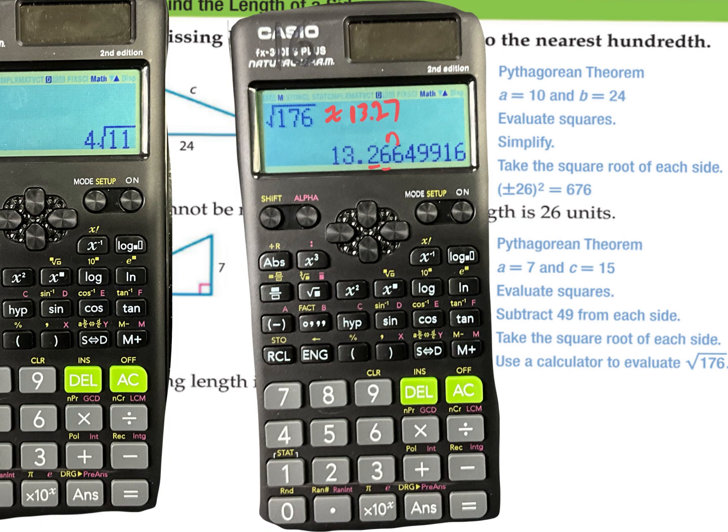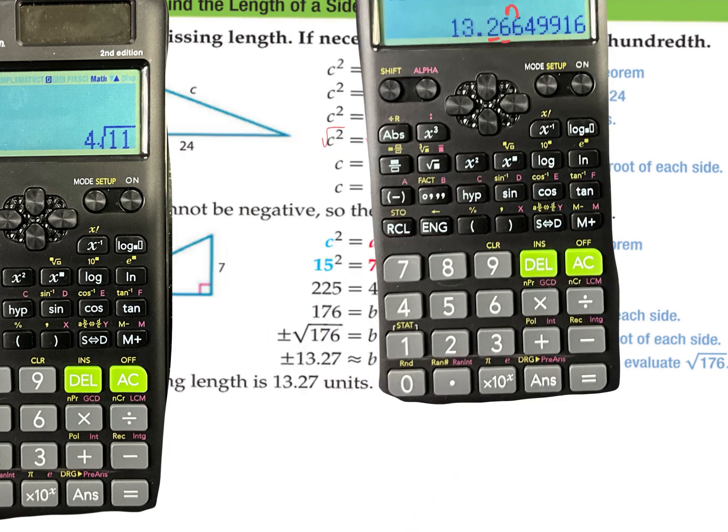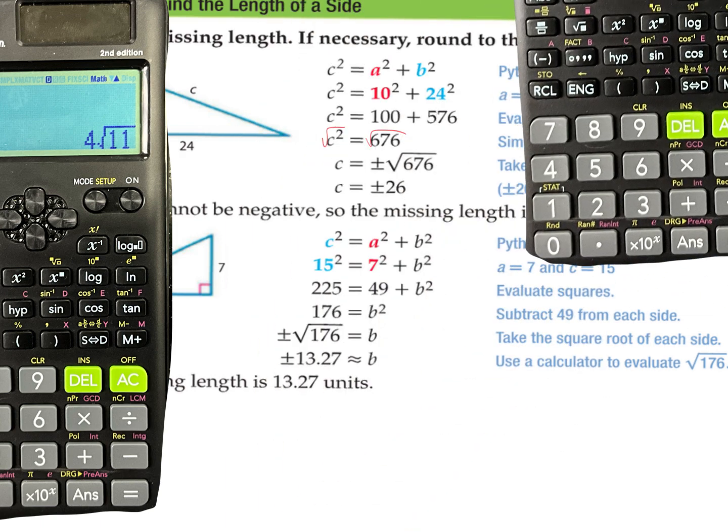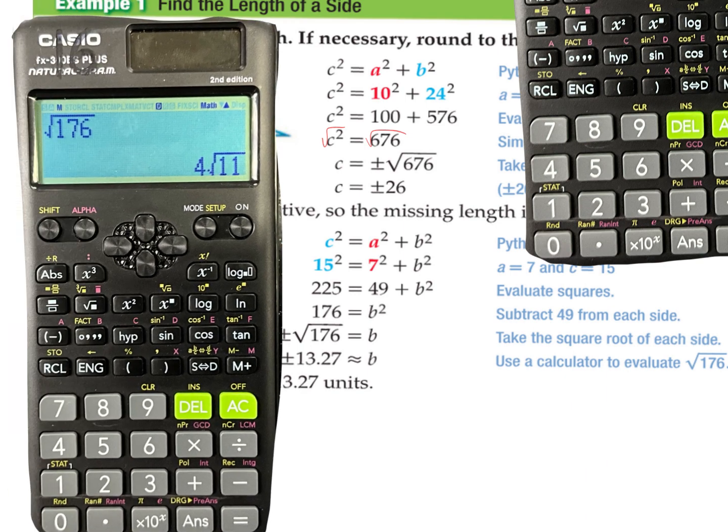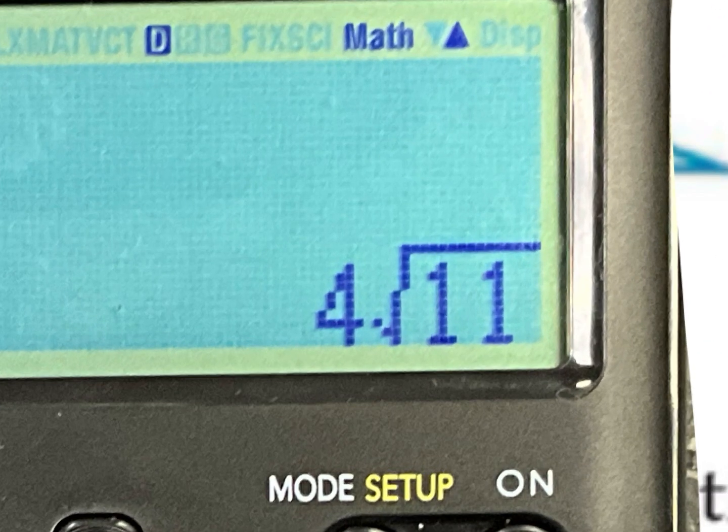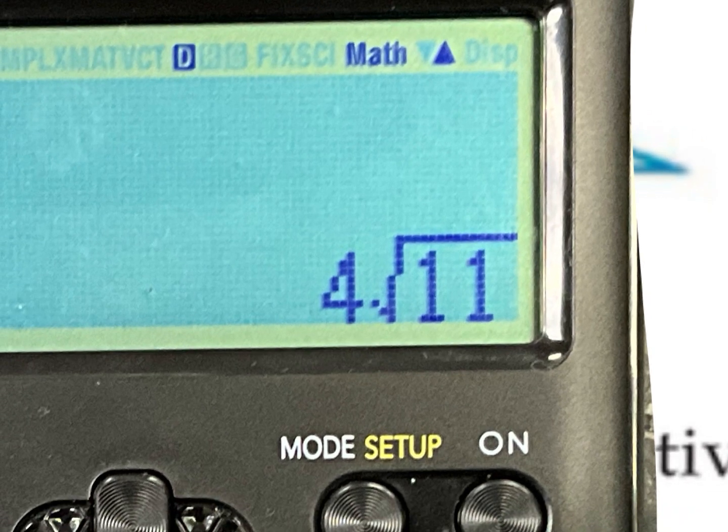So 13.27 would be the decimal approximation. And that's exactly what they wrote right here, okay? But in the quizzes and assignments that I assign, I want you to leave it in simplified radical form. So you would type it in as 4 square root of 11, okay?